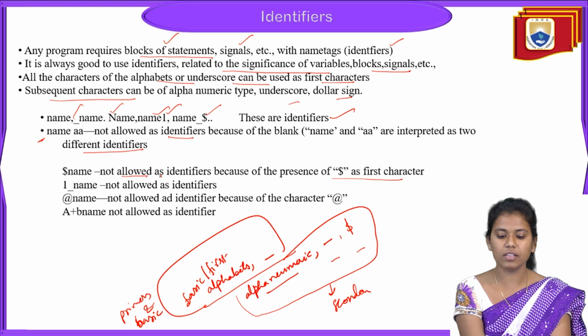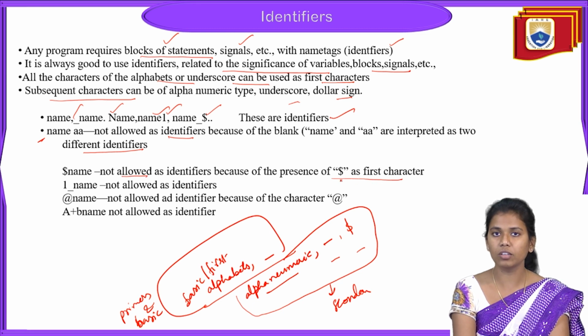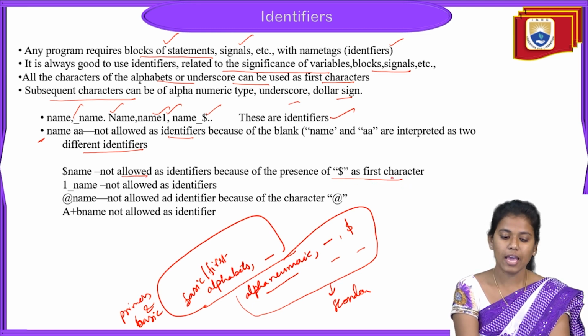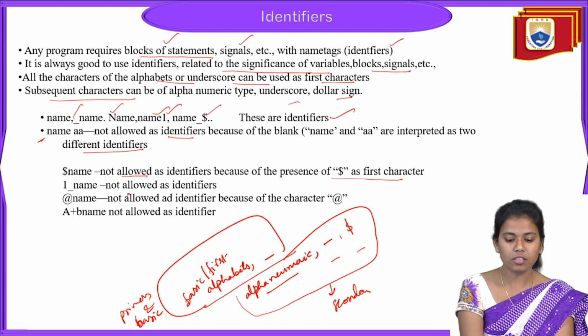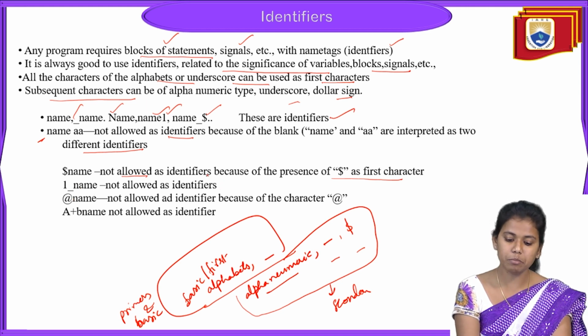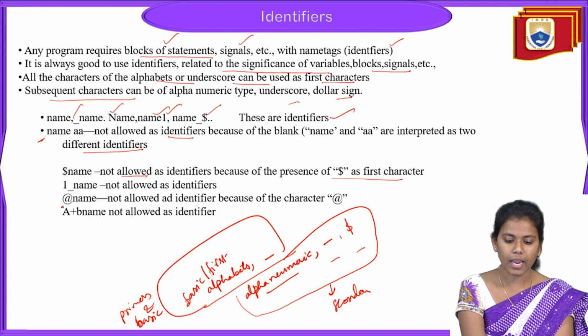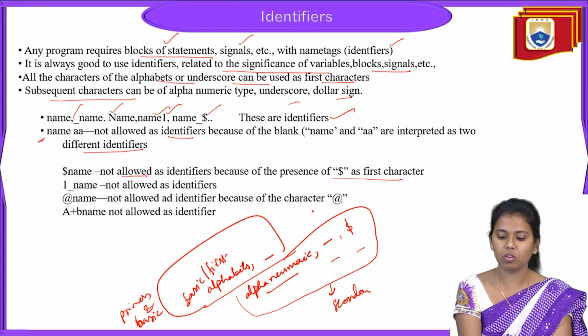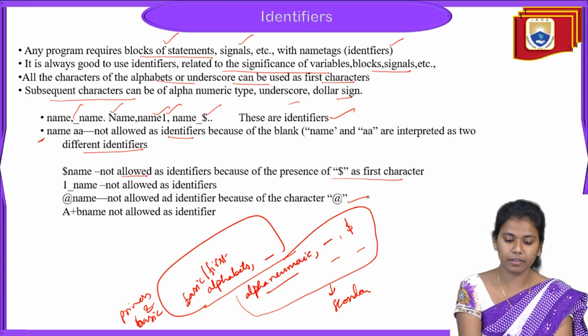So $name is not allowed as an identifier because dollar is the first character, and 1_name is not allowed because the number is the first one. @name is not allowed because of the @ character, and A+B is not allowed as an identifier.